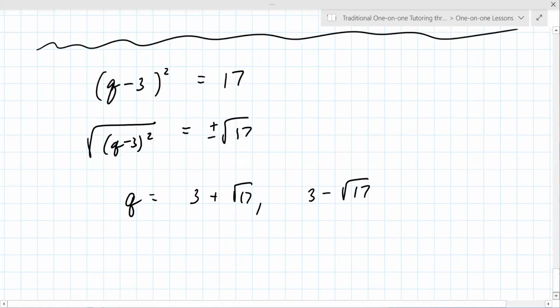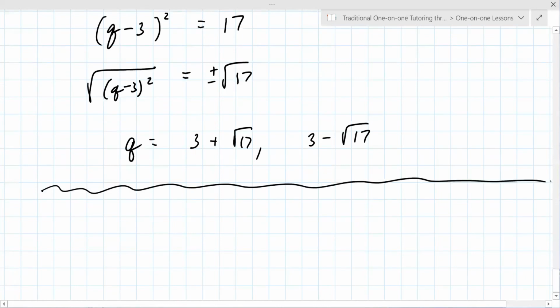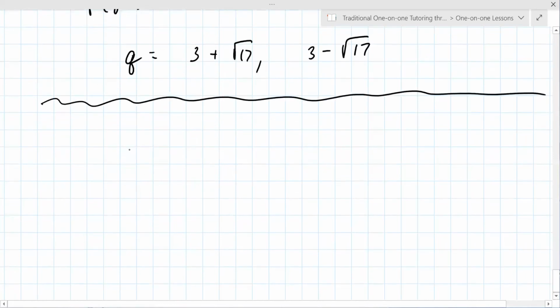Okay, can I have you do one more? All right, let's try this. Let's go with x minus 3 squared equals 25. Okay.